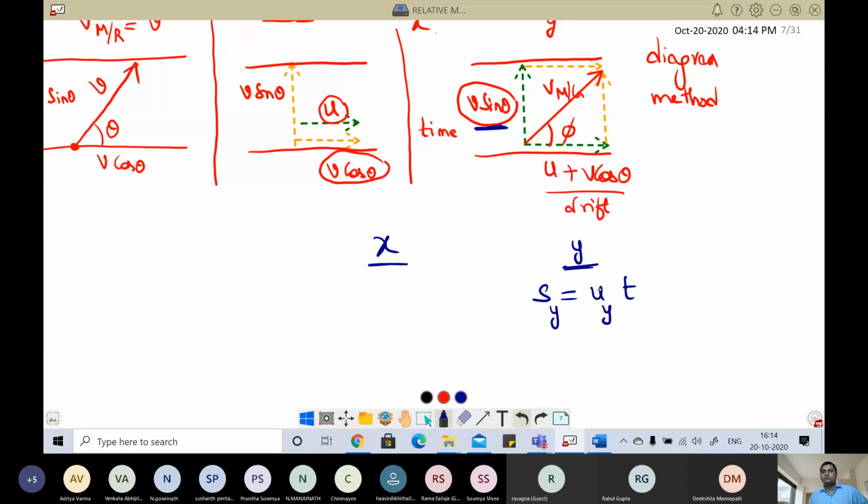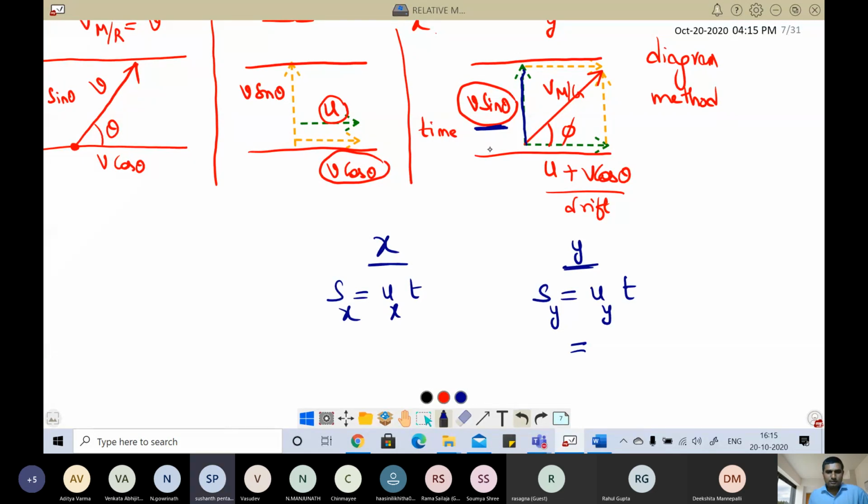These values yesterday I told you, these values are the velocities of the man with respect to ground in y direction and in x direction. Here s is equal to ut in x direction, this one and this one. Please remember, these are the values of velocity of man with respect to ground. So in y direction how much he will travel?